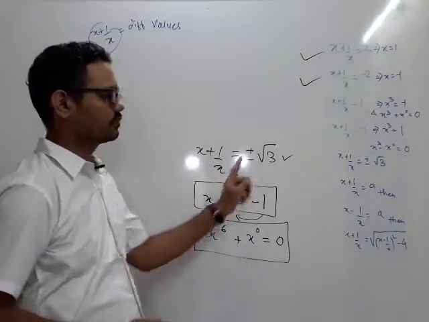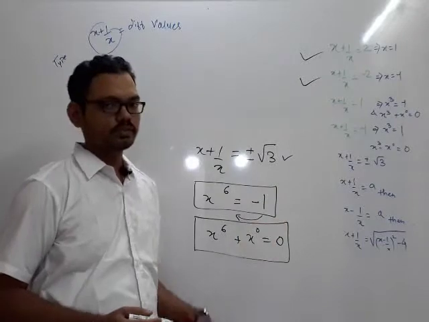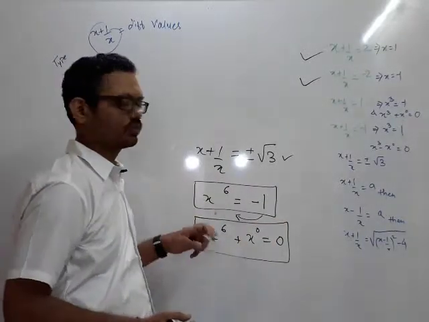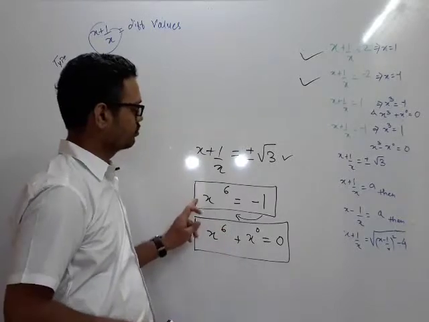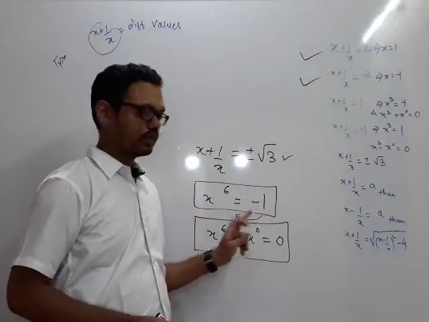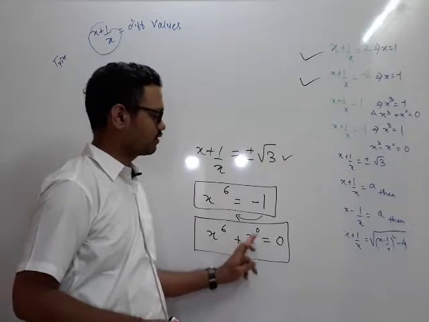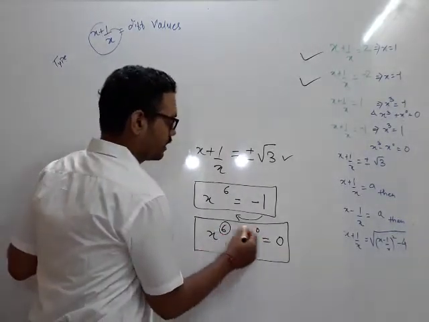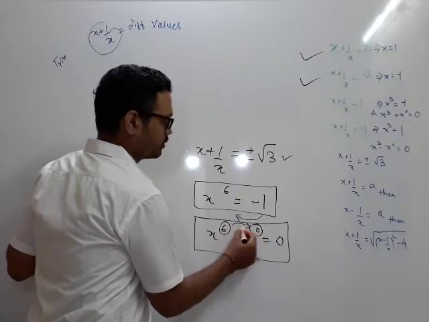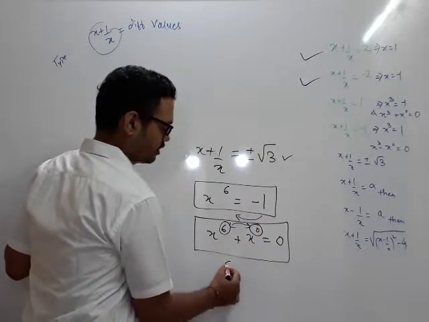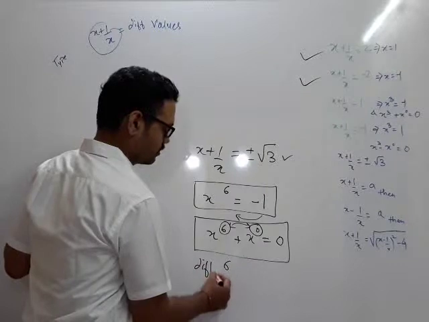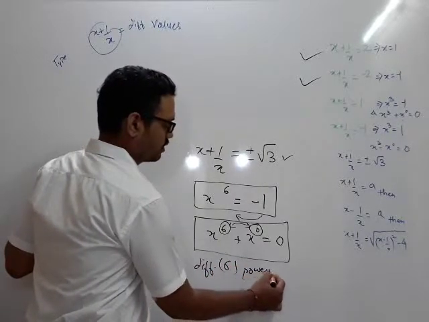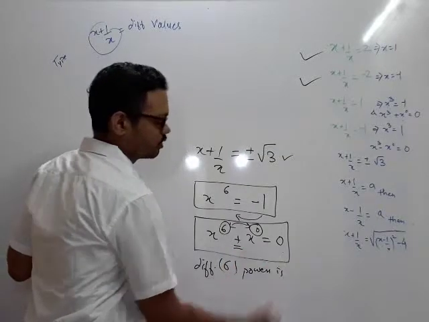When x plus 1 by x is root 3, whether plus or minus, the values are going to be the same. So we remember x raised to 6 is minus 1, and x raised to 6 plus x raised to 0 is 0, which means if the difference of powers is 6, then the sum is 0.